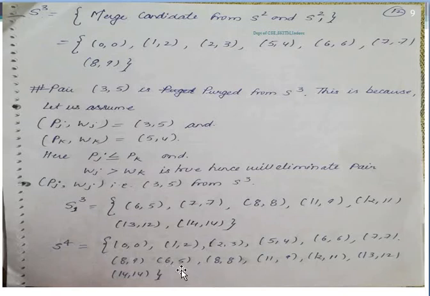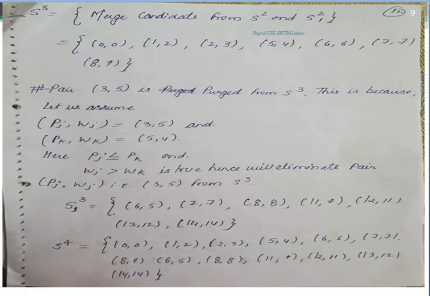In the same way, we are going to eliminate this value. The maximum weight that we can carry with the knapsack is 8, so the rest of the values need to be eliminated from the list.